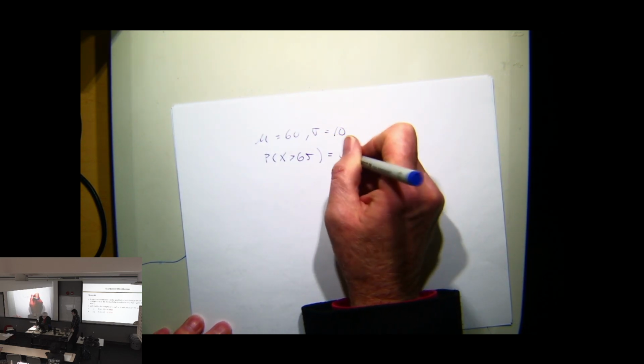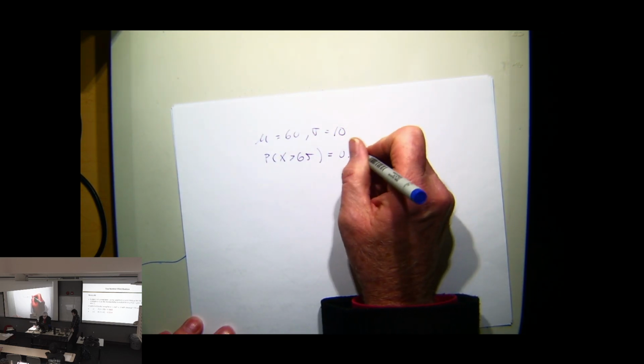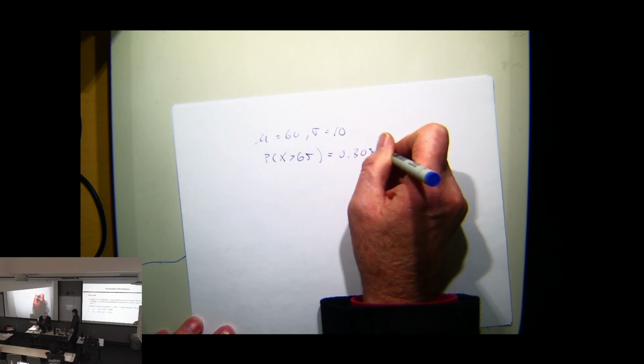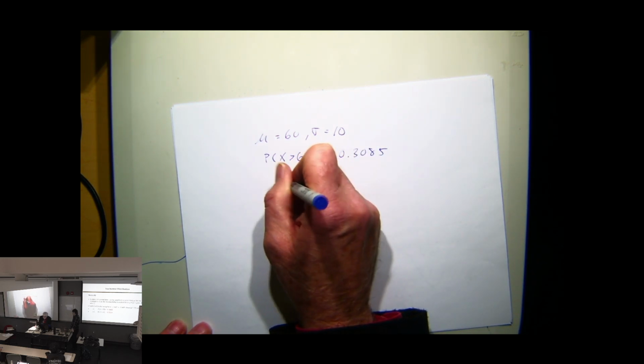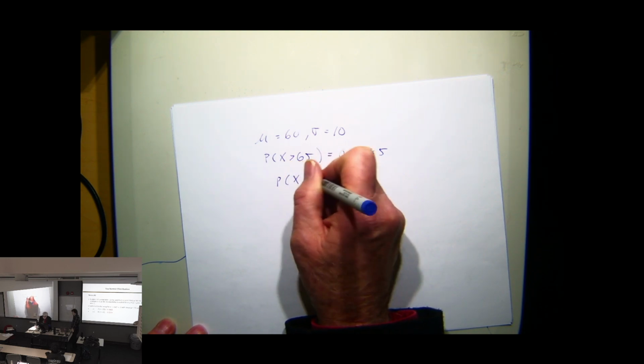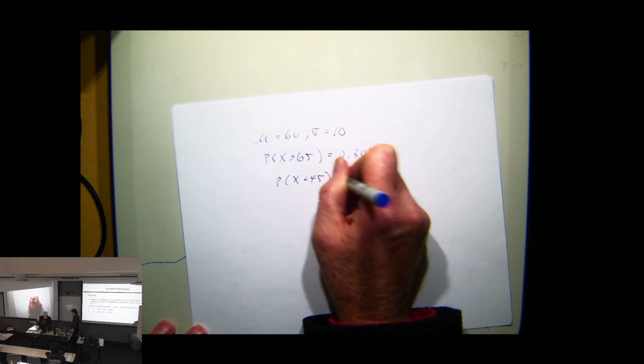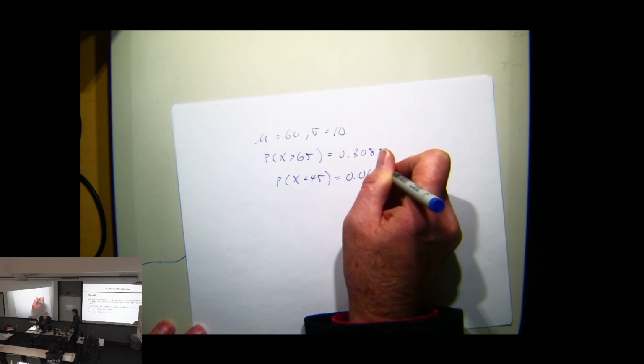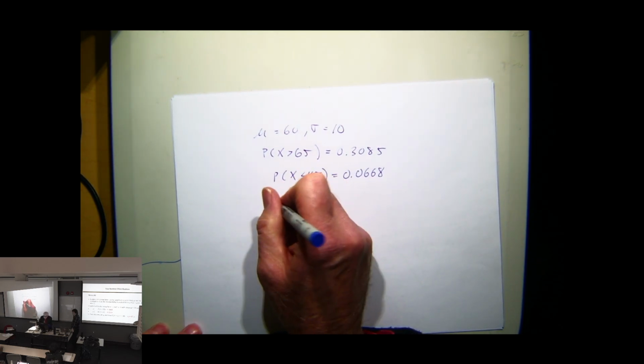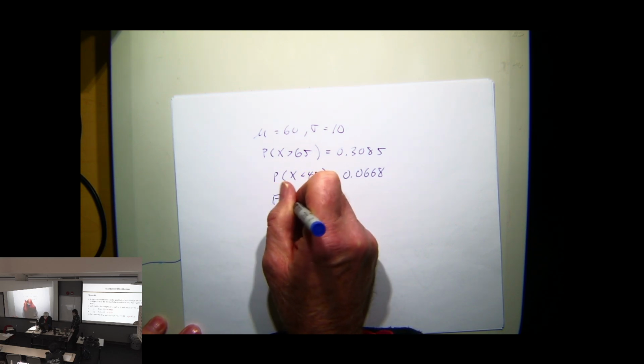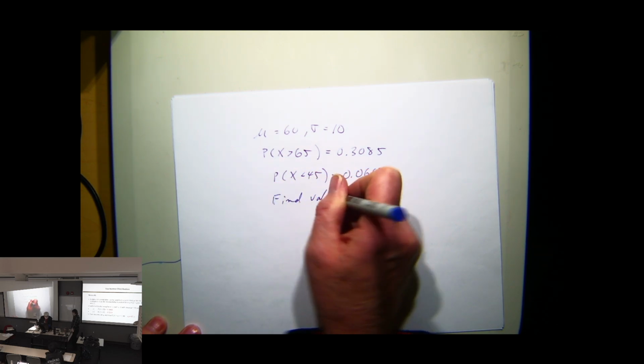We worked out the probability x is greater than 65 is 0.3085, and the probability x was less than 45 was 0.0668. And we also had this question here: find the value of x naught.